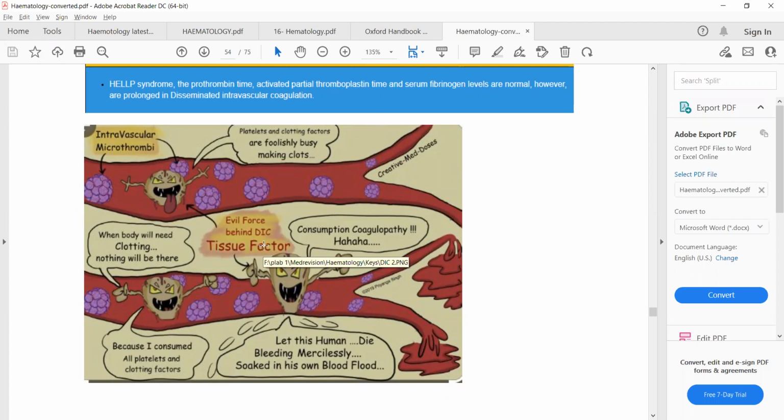Now, the causes of DIC: whenever there's trauma to the blood vessels, or whenever there's surgery, or during pregnancy, or even due to cancer, due to release of tumor necrosis factor, which exposes this tissue factor.